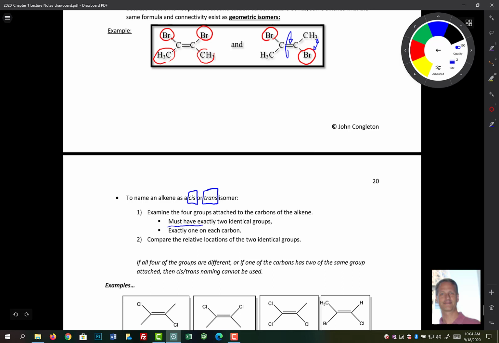We must have exactly 2 identical groups. If there were 4 different groups there, we can't use this. And one of those groups has to be on each of our carbon atoms, so they can't be on the same carbon atom. Then we're going to compare the relative locations of the 2 groups that are identical to each other.